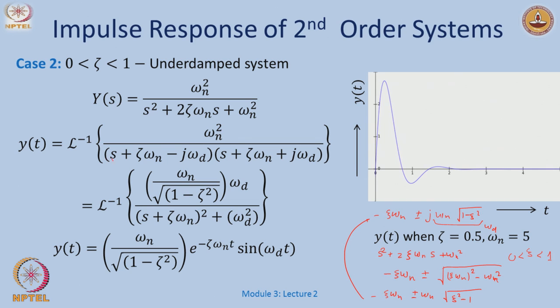And that is how these roots expand: s plus zeta omega n minus j omega d, and s plus zeta omega n plus j omega d, exactly what is here.